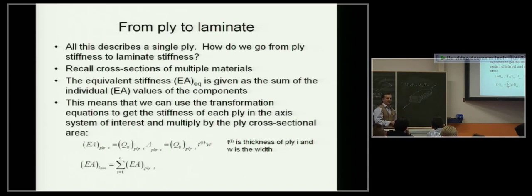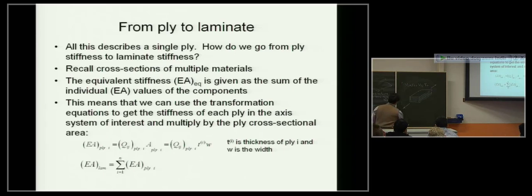And this is where strain compatibility comes in. Basically, all I know is that if I grab one end and I pull on it, all of the layers will move an equal amount, whether the stiffness is 10 or the stiffness is 1. They are all forced to move an equal amount. So the amount by which they move divided by their original length gives me the longitudinal strain. And if the amount by which they move is the same for all of them, they all have the same strain.